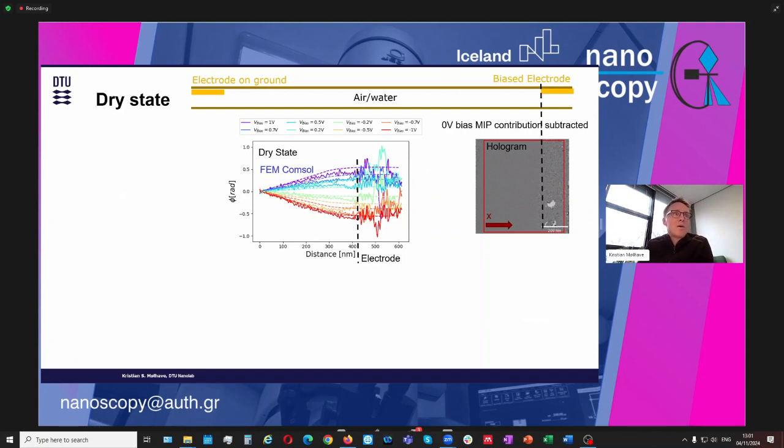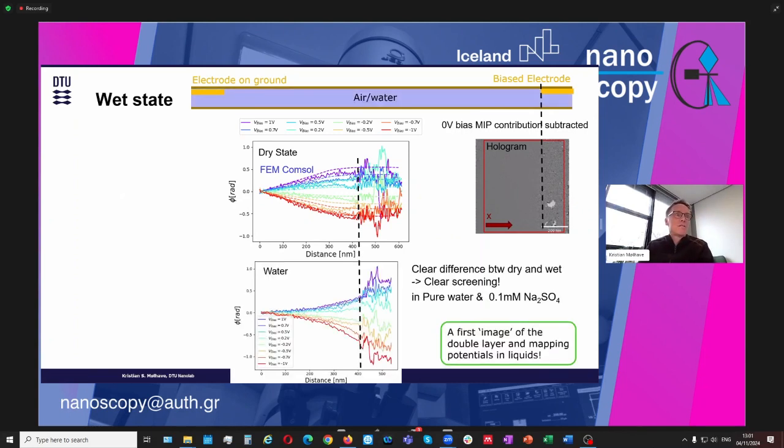And we can make our 3-dimensional model match almost perfectly with our experiments. Then we add the water and flow it in, bang, and something happens here. Of course, water has a different mean inner potential. There's going to be a phase change, but that is subtracted away when we subtract this 0-volt bias.